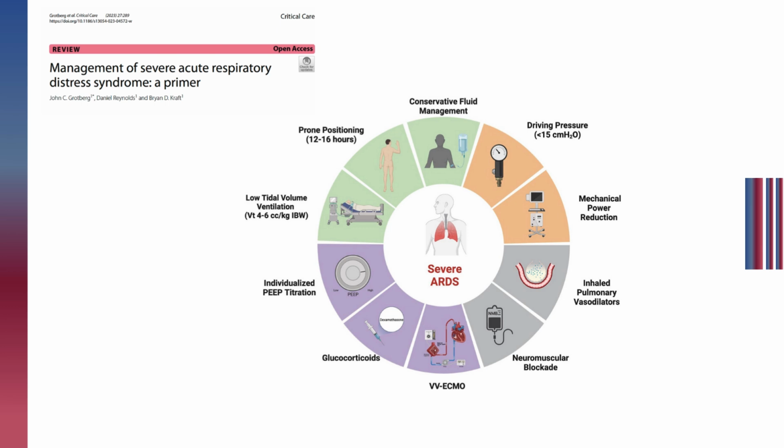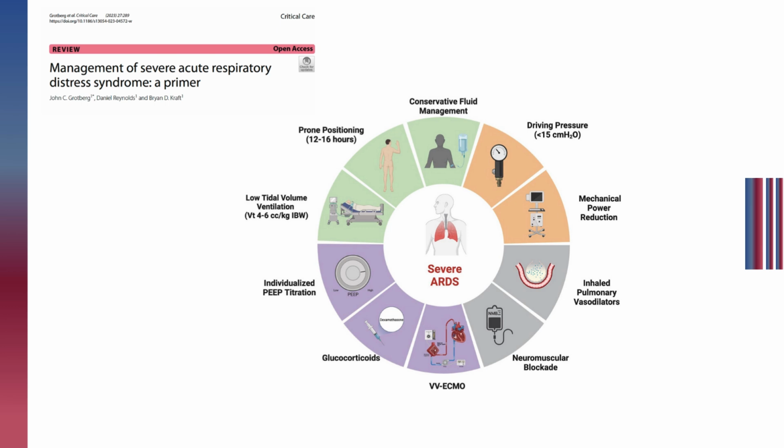So the management of ARDS can be summarized in this very nice graphic, which I must say contains all the interventions that have been studied and trialed and shown to either be associated with improved outcomes or improvement in oxygenation.